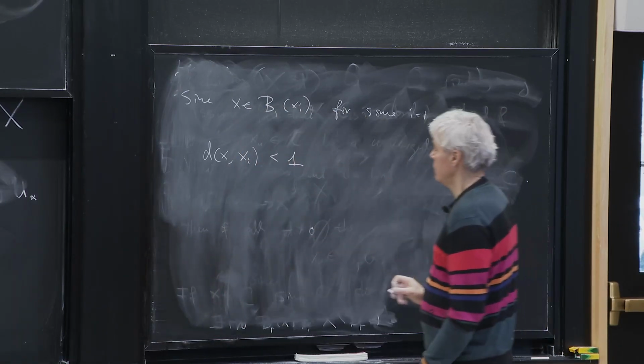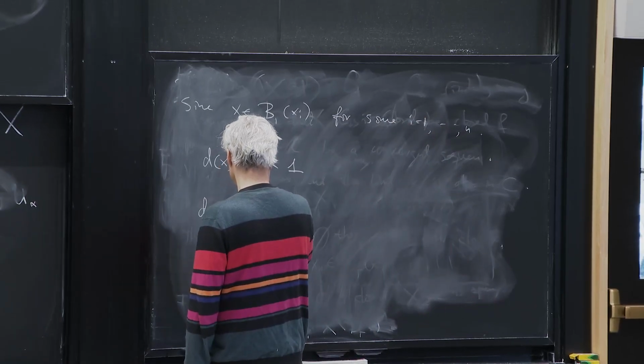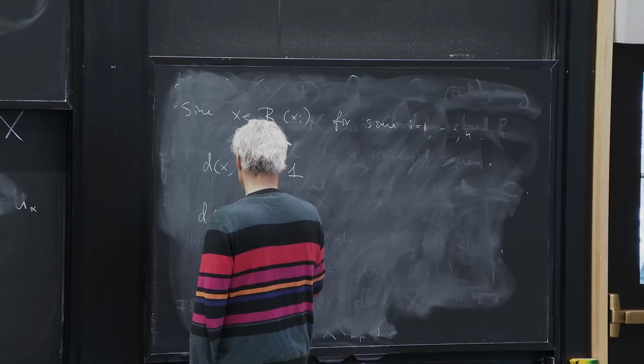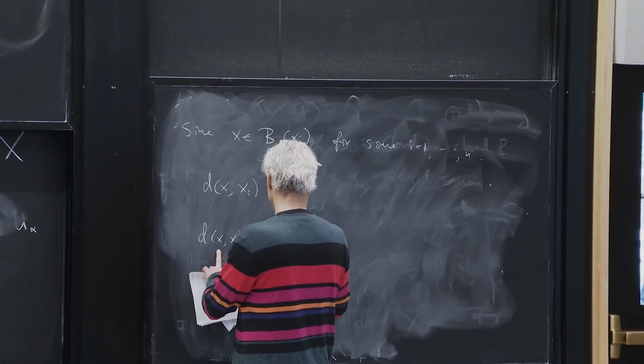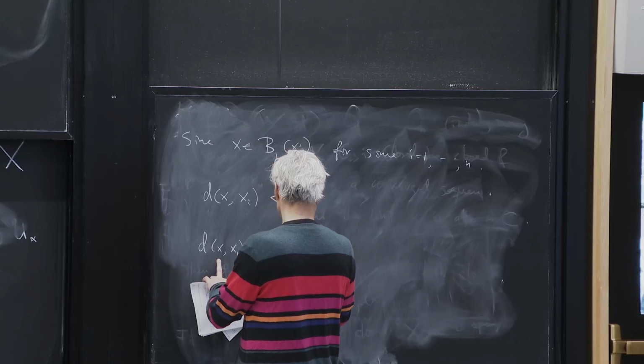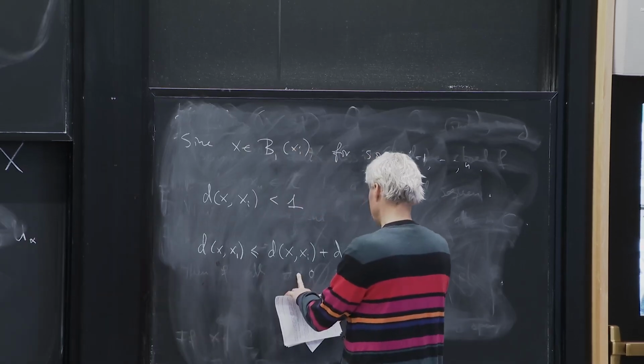And so now if you're looking at the distance from x to the first one, then this is less than the distance from x to x_i plus the distance from x_i to x_1. This is the triangle inequality again.